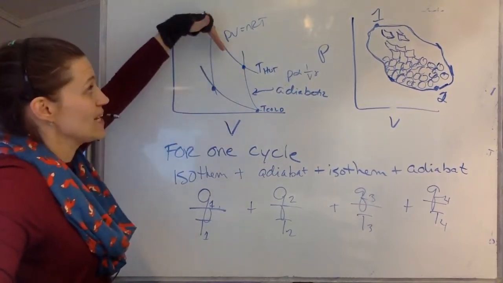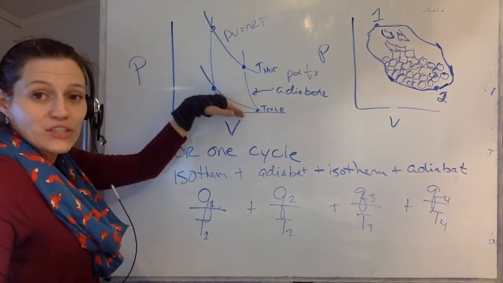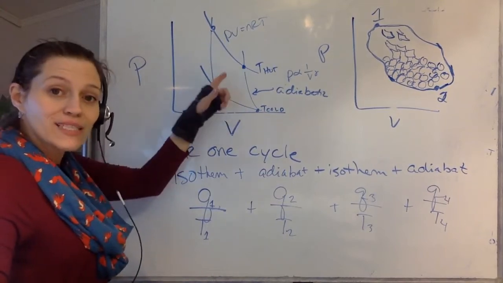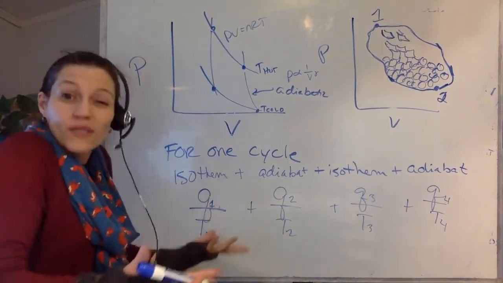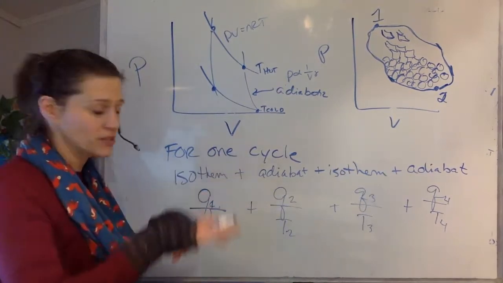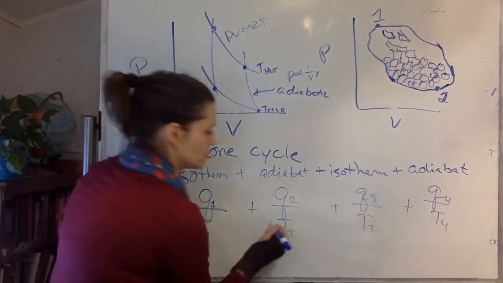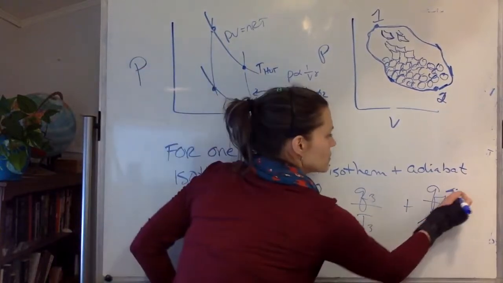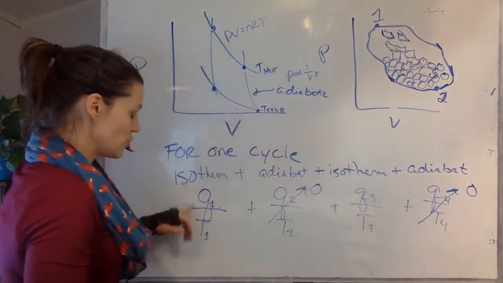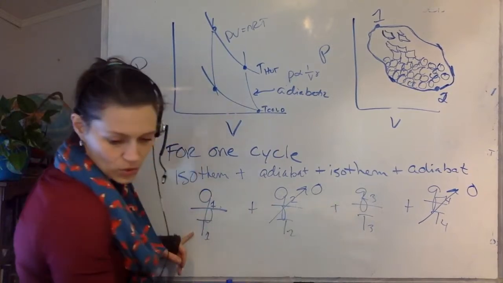There's a certain amount of heat put in at the hot reservoir, and also a certain heat at the cold reservoir. So we want to know the normalized heat we have per that particular temperature. But for the adiabats, what is Q? 0. Great. So Q1 over T1 is at the hot temperature, and the other is at the cold temperature.